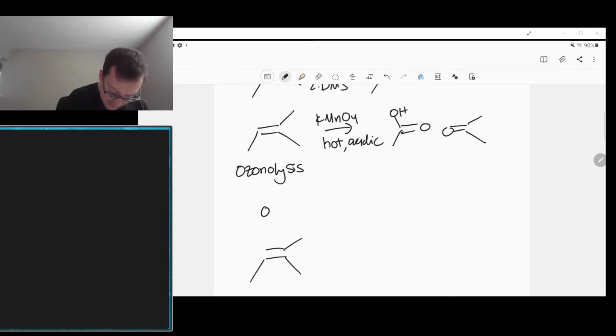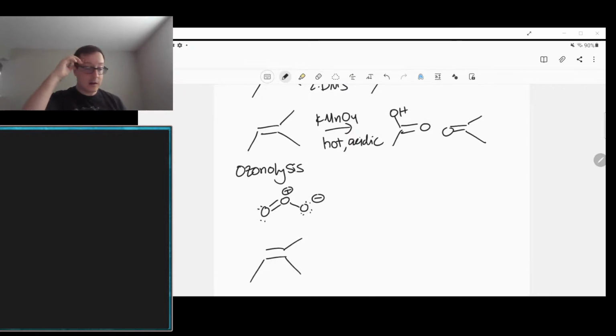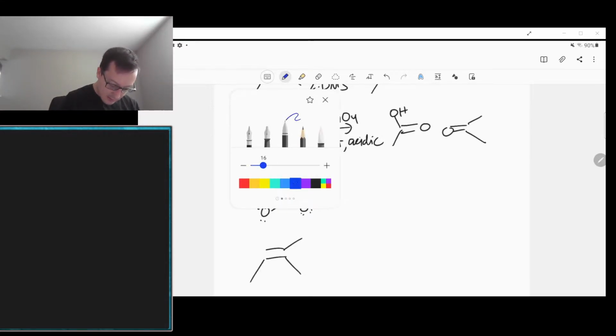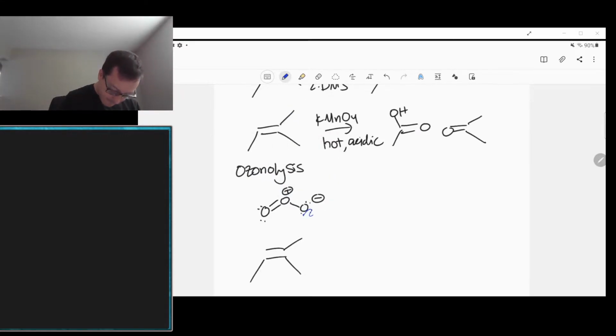Ozone's Lewis structure, of course, it's resonance stabilized, right? We're going to see that we're going to have it come in to our molecule, and we're going to kind of make this five-membered ring here.